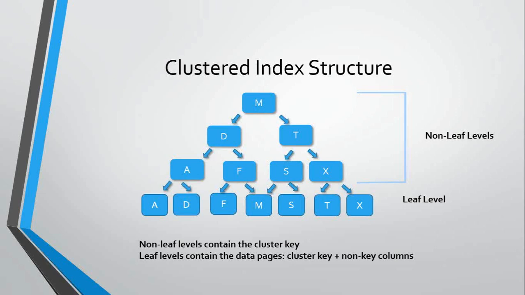And actually probably last name plus first name is the cluster key for a phone book. And that's, to me, one of the best representations of a clustered index, because the book is itself organized by that key. Hopefully that makes sense. We can have only one clustered index on a table. The clustered index is the table, and the non-leaf levels store the cluster key. The leaf levels contain the data pages, which is the cluster key plus your non-key columns.